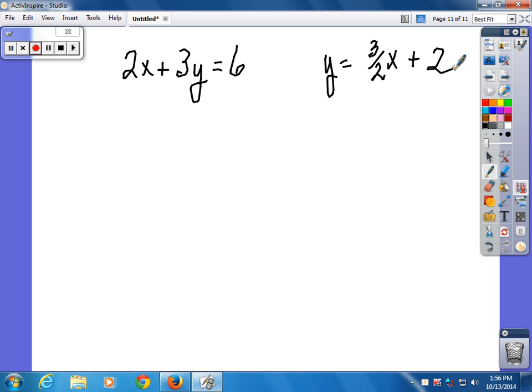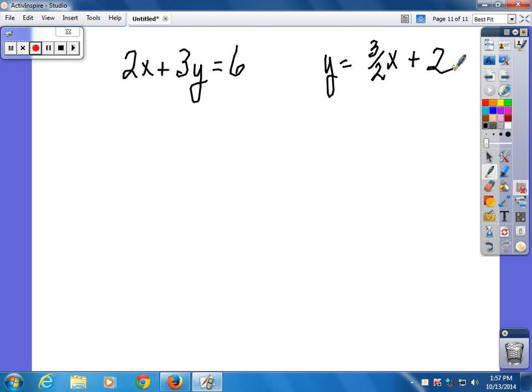Determine whether the two lines are parallel, perpendicular, or neither. So what do you do? No, there's nothing to plug and chug. Oh, you're thinking of substitution. No.